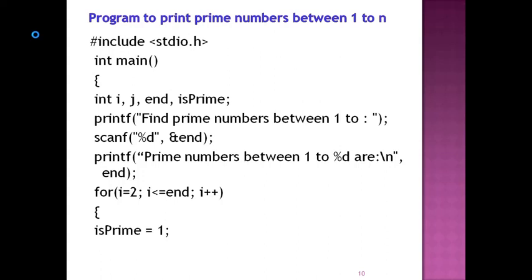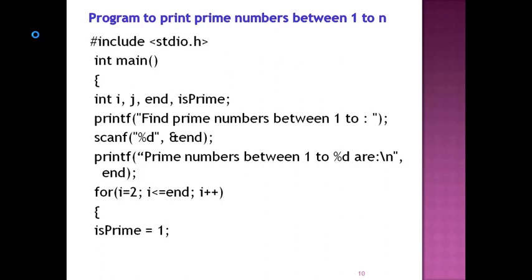Hash include stdio.h header file, int main, it is the beginning of the C program, int i, j, end, is_prime. These four integer variables are declared for our future program purpose.